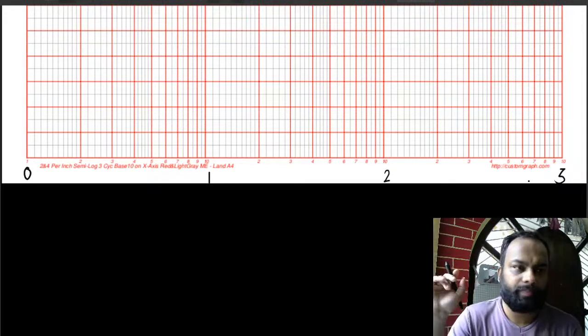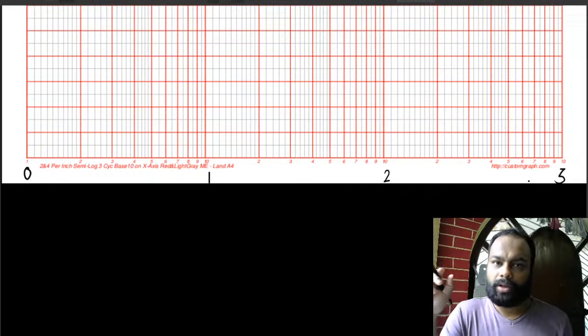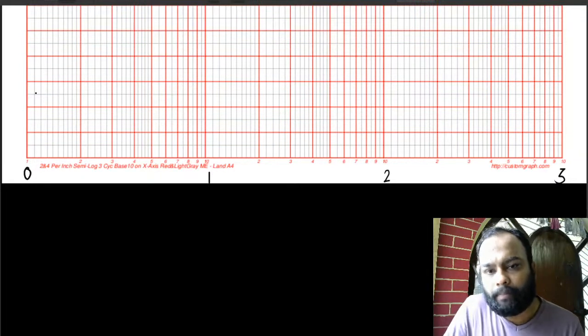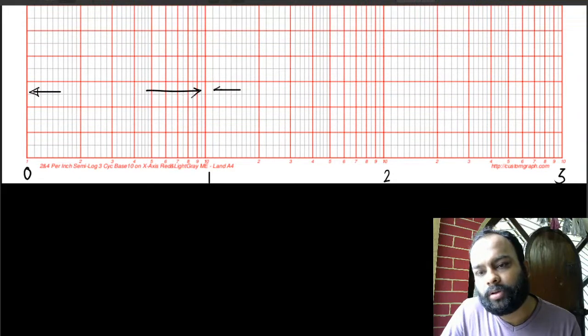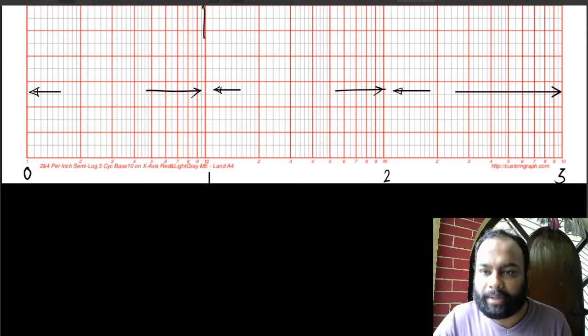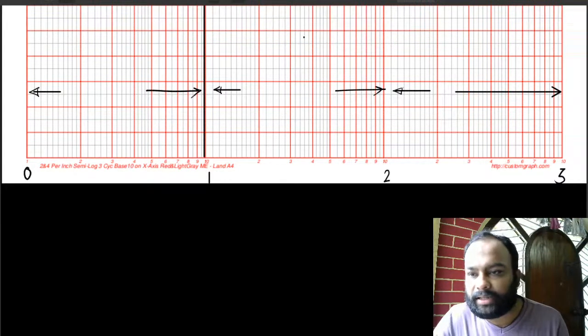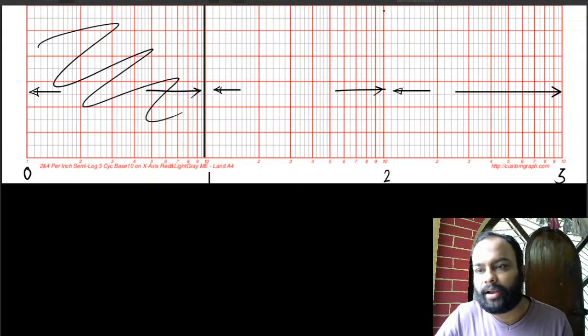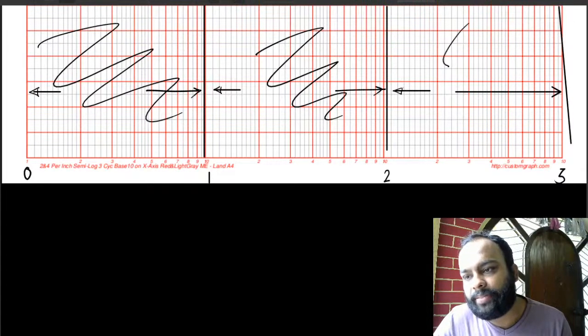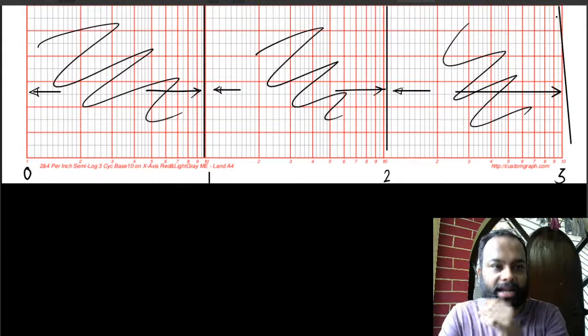No problem, right? Okay, so I can do that, because try to understand that this span is identical to this span, and this span is identical to this span. So even though the graph paper wasn't linear, if I consider this to be one span, this to be one span, and this to be one span, these widths are identical in nature.